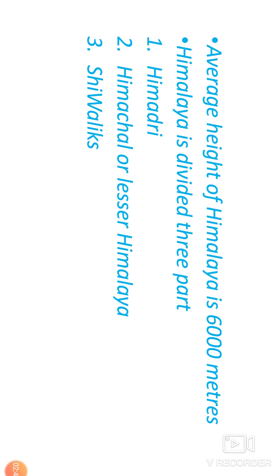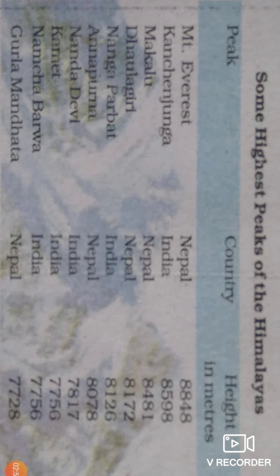Next, the average height of the Himalaya is 6,000 meters, and the Himalaya is divided into three parts: Himadri, Himachal or Lesser Himalaya, and Shivalik. Then here some mountain peaks are given. As we know, Everest is the highest and it is in Nepal, and India's highest peak is Kanchenjunga of the Himalaya only.